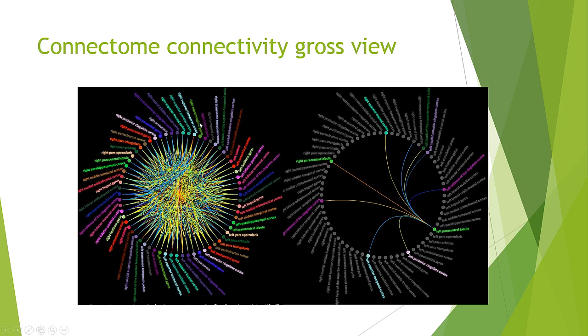For specific regions such as the left parietal lobule, you have several connections with other regions. It's just like a graph that has certain connectivity with other nodes, not necessarily its neighbors, just other regions.